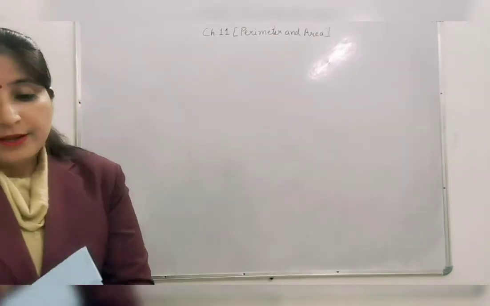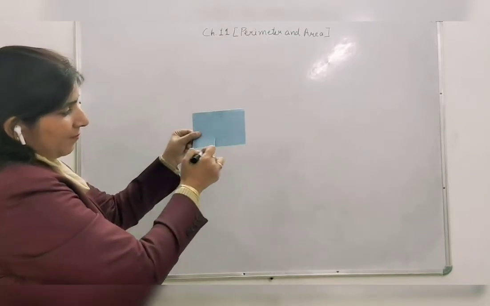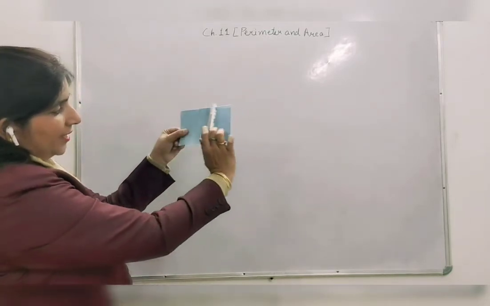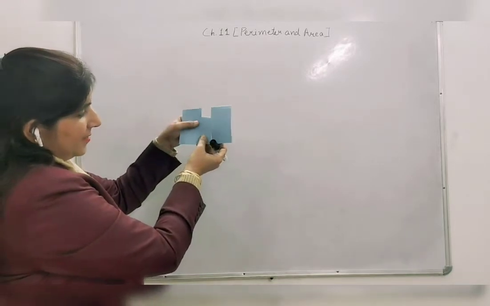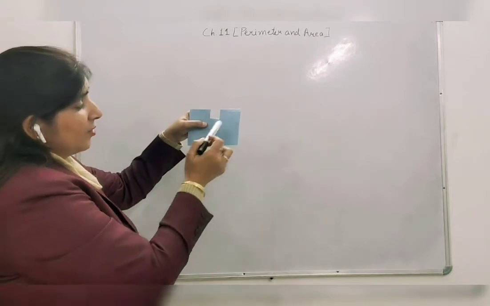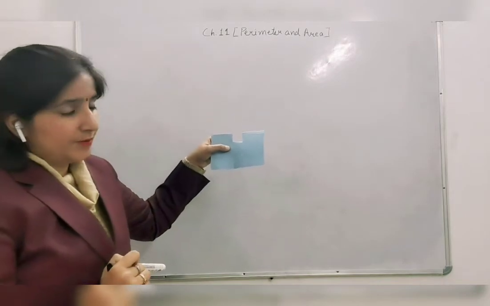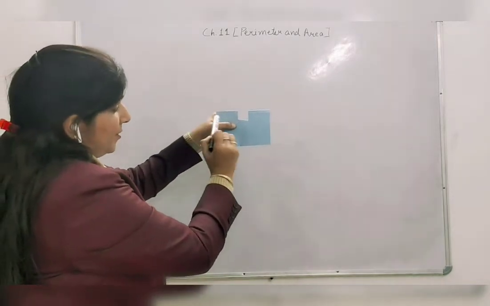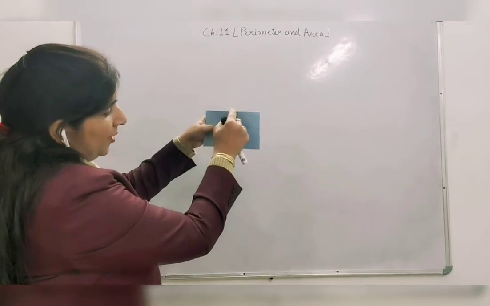Suppose we have this paper, and this is the perimeter and inside it the area. If I cut out a piece like this, suppose I have cut out some paper from this, then you can see that the area is decreased. Now what about the perimeter? Perimeter is always the boundary. Earlier the boundary was only this.